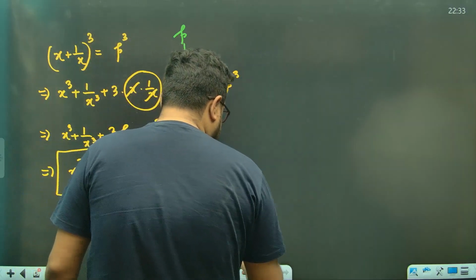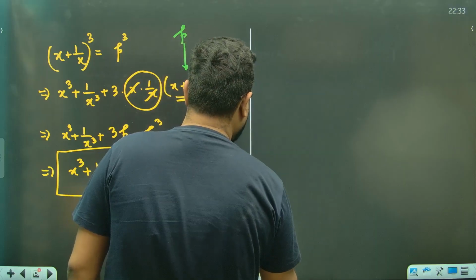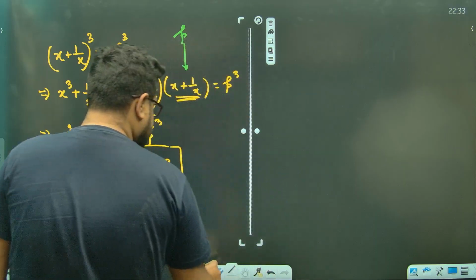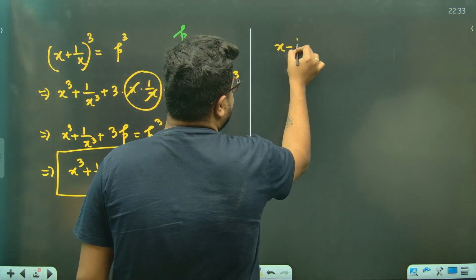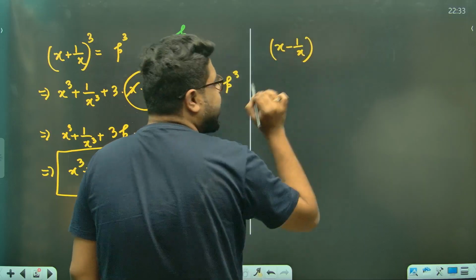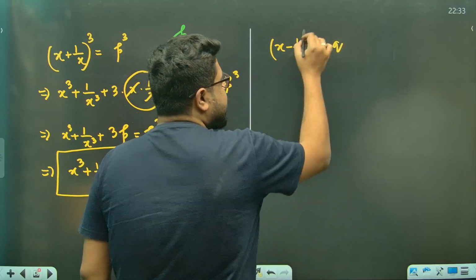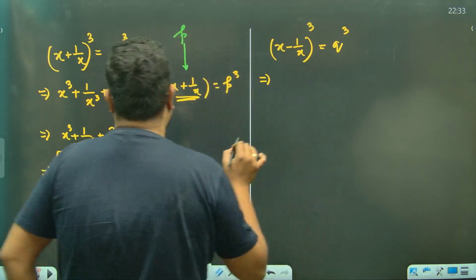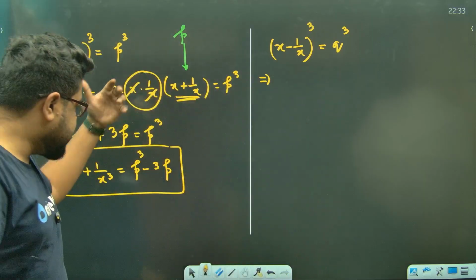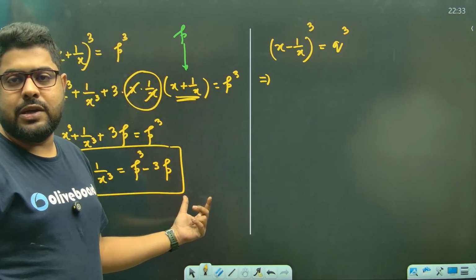Here, one thing you must remember or understand, sir: if I have been given the value of, let's say, x minus 1 by x as q, then again, let's take the cube. I'm proving it for everyone. Again, the proofs are not required, but it's required for understanding, otherwise it will be like a formula.